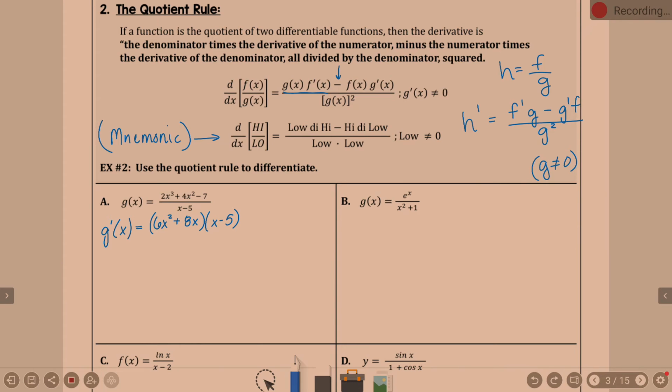It's a quotient rule, so now I'm going to subtract, and now I reverse it. What's the derivative of the bottom? 1 times the numerator, 2x cubed plus 4x squared minus 7 all over x minus 5.